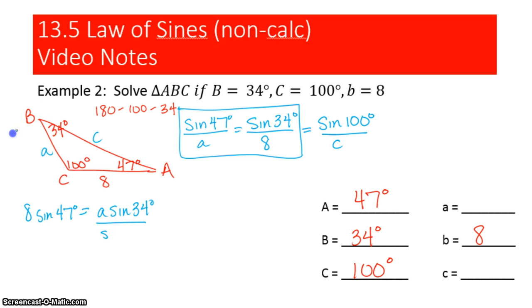We need to get A by itself, so we're going to divide by sine 34 degrees. And we end up with A equals, and we're going to type in the calculator, 8 sine 47, end parentheses, divided by sine of 34. And so for A, we get 10.5. So I'm going to fill in 10.5 here.